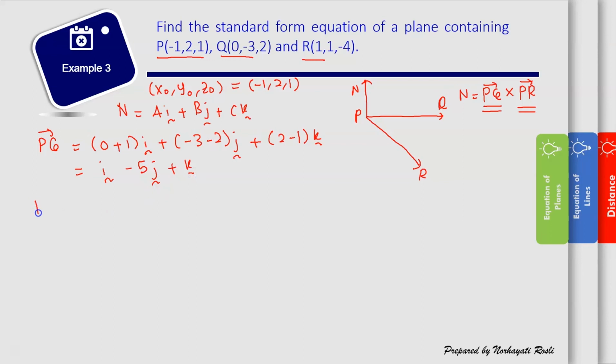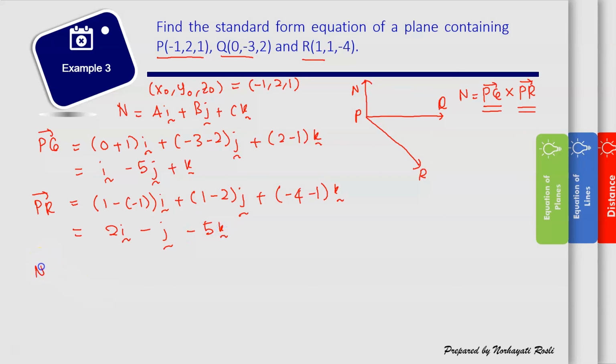And then we compute PR, which is point R minus point P. We will have 1 minus negative 1, i, plus 1 minus 2, j, plus negative 4 minus 1, k. We will have 2i minus j minus 5k. Then we need to compute the normal vector, which is given by PQ cross PR.